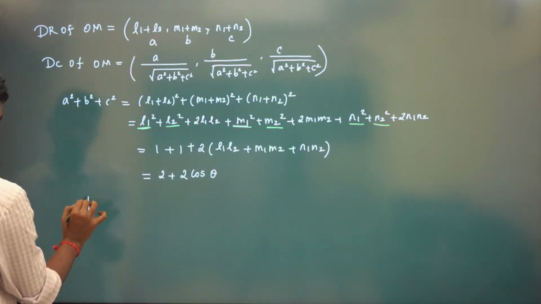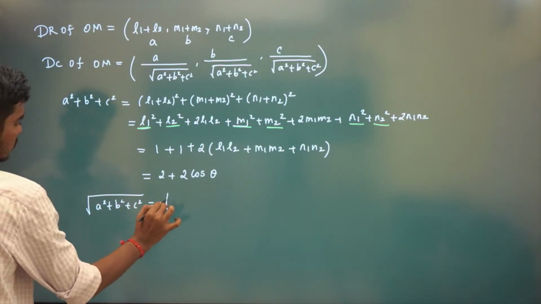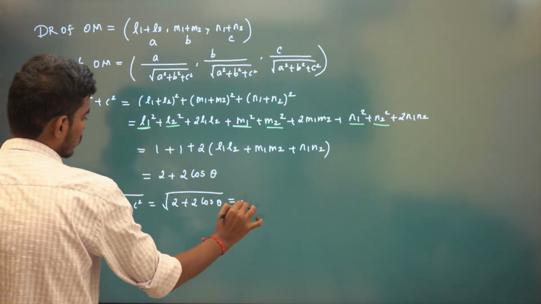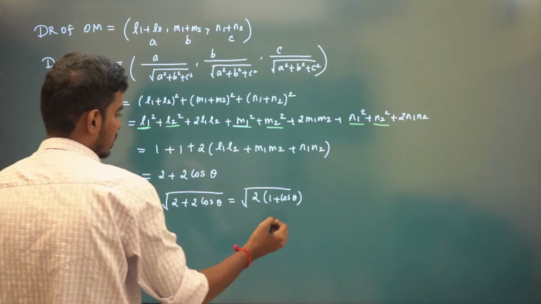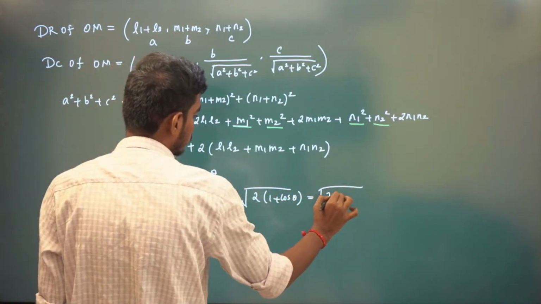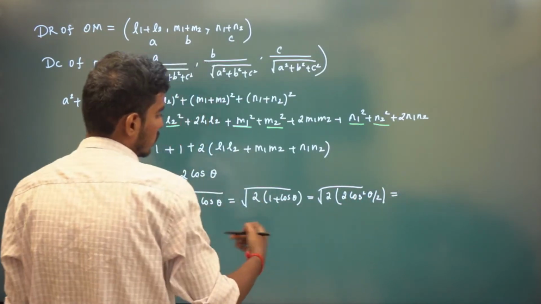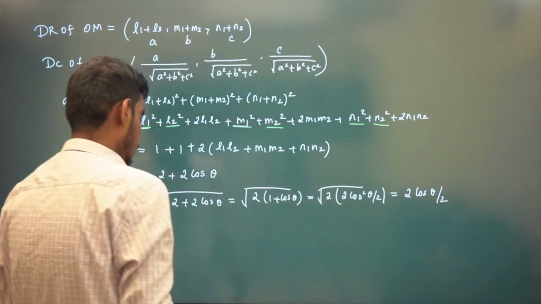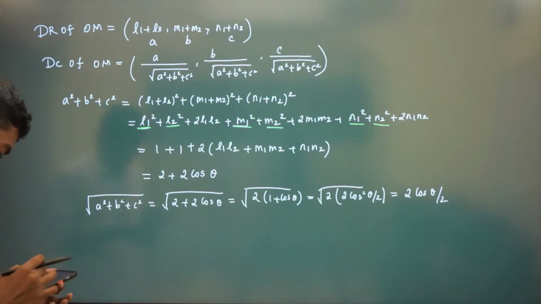Now what about the value of root of A square plus B square plus C square? This is root of 2 plus 2 cos theta. If I take 2 outside, we will have 1 plus cos theta. So 1 plus cos theta is 2 cos square theta by 2. So 2 cos theta by 2 is the value of root of A square plus B square plus C square.